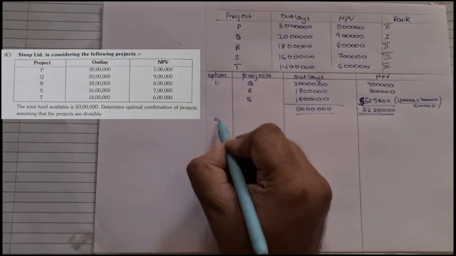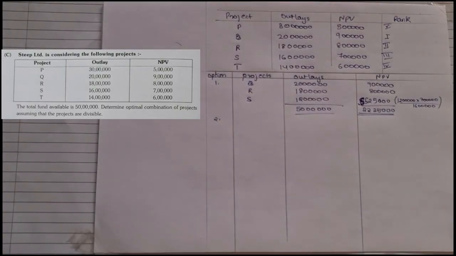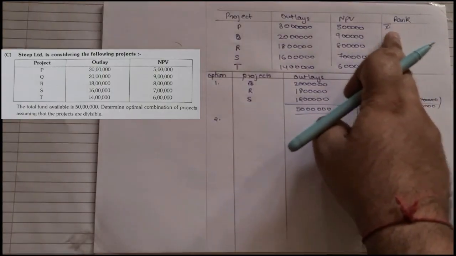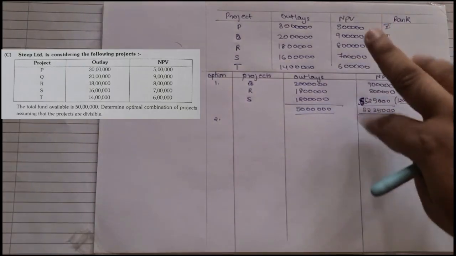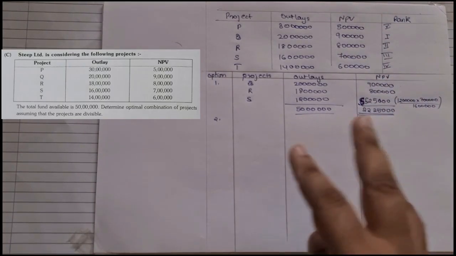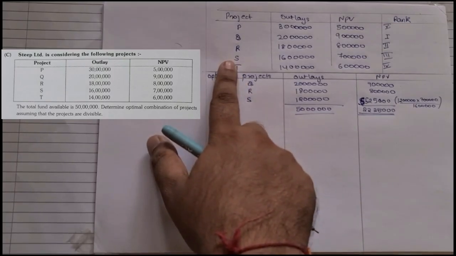Now let us try some other option to see which gives the higher value. What if I don't use the first rank, Q, and jump to the second rank onwards, since T has not been used till now?